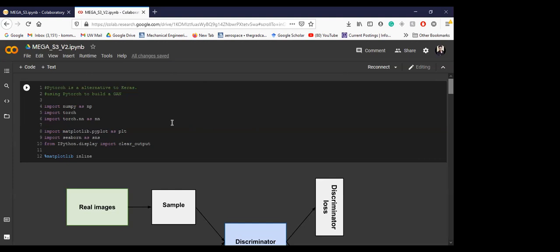Okay, so in all the sessions we have been working on so far, we used Keras. Keras is a Python module to build neural networks. The popular alternative to using Keras is something called PyTorch. And PyTorch is more flexible when it comes to building things from scratch.